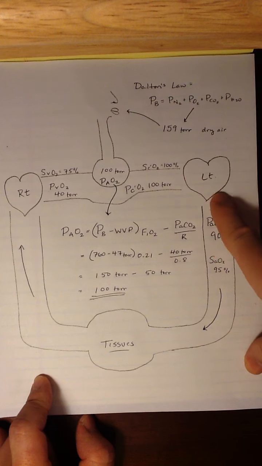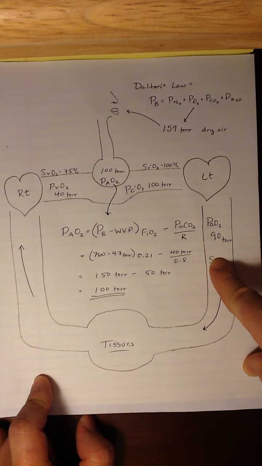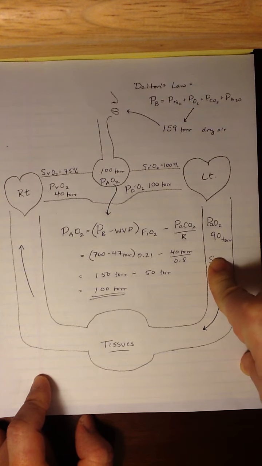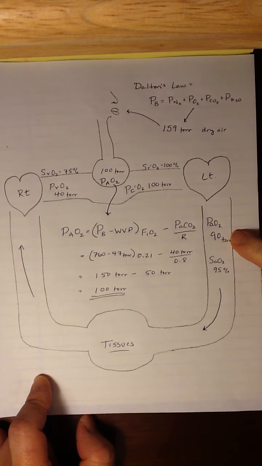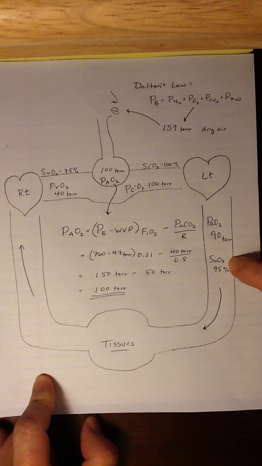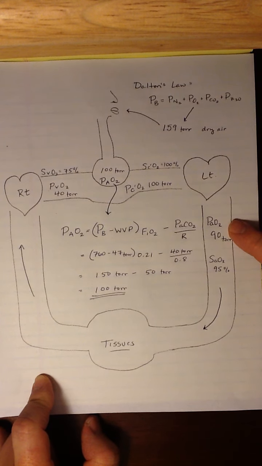As we move into the left side of the loop, we have a little bit of venous reduced hemoglobin added, which reduces the partial pressure of oxygen in arterial blood, and it also reduces the saturation a little bit. So we know the PaO2 is 80 to 100.